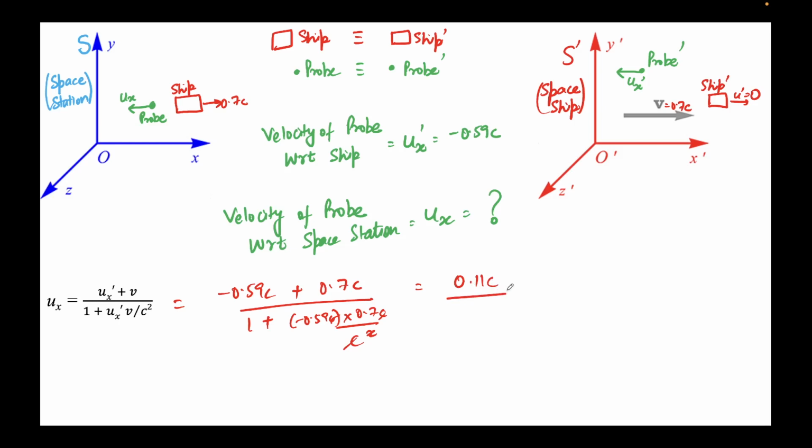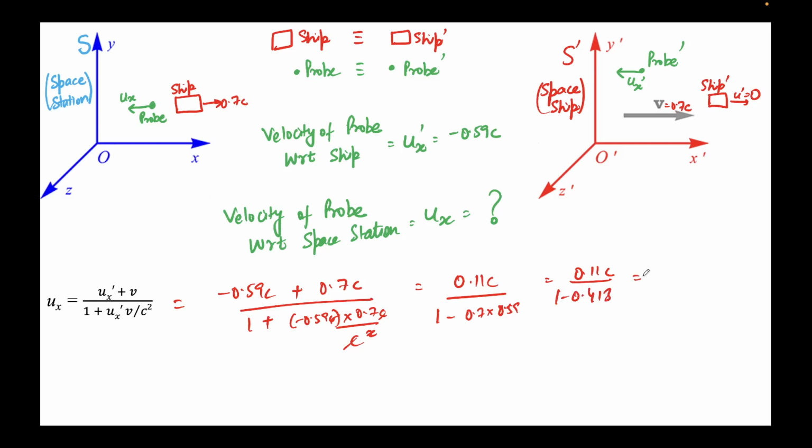However, in the denominator we get 1 minus 0.7 times 0.59. So we just need to multiply 0.7 with 0.59 and then we'll get our answer. So let me get my calculator and do that for you. 0.7 times 0.59 comes out to be 0.413. So this is 0.11c over 1 minus 0.413.